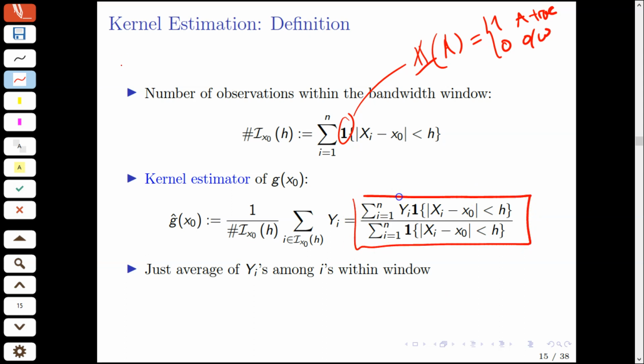Now, if we plug in our definitions for I, as well as its cardinality, we see that the kernel estimator, this g hat of x0, is really just a ratio of two sums, which makes it appealing in that it is very simple to code this ratio.